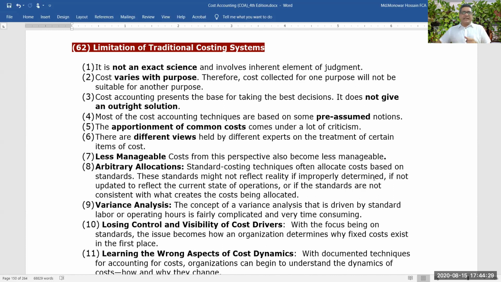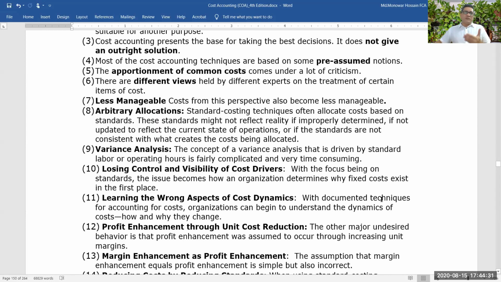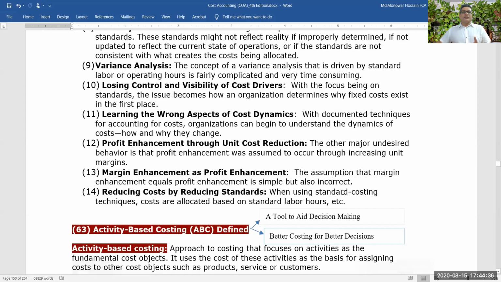Variance analysis is also a problem, losing control and viability of cost drivers, and learning the wrong aspects of cost dynamics, and profit enhancement through unit cost reduction, but actually no profit comes here because the determination of unit cost is sometimes wrong.